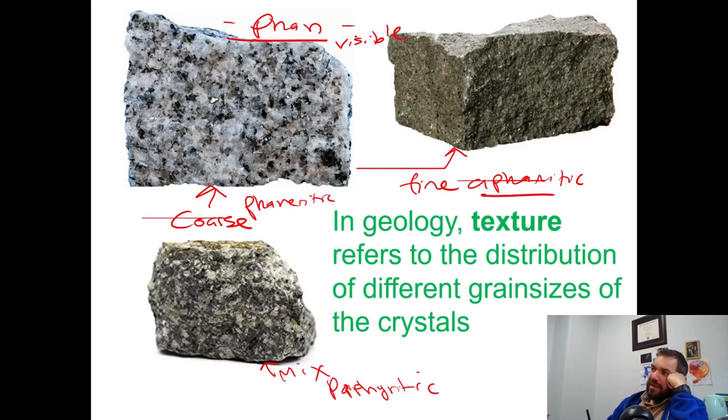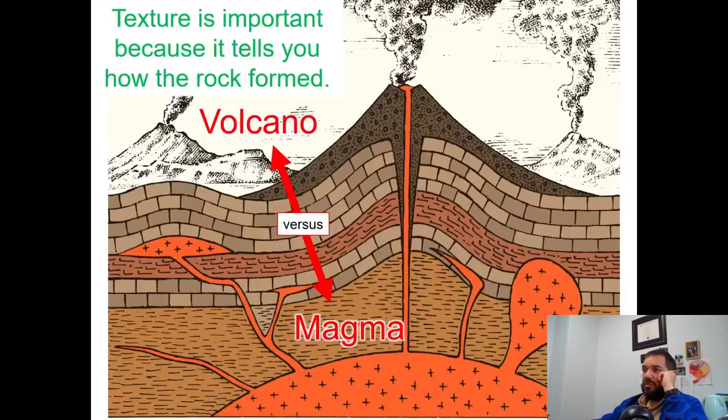If you put an A in front of something in Greek, it means not. So aphanitic means not visible crystals, fine-grained. Coarse-grained, phaneritic, means visible crystals, big visible crystals. That other term is porphyritic. That means there's a mix of some big, some small crystals, okay?